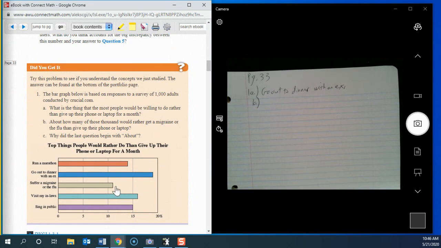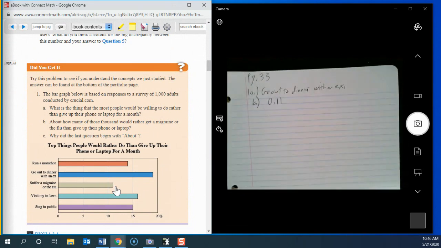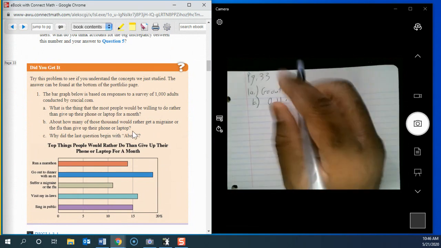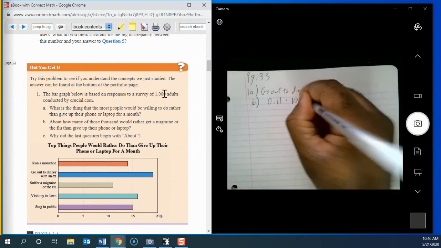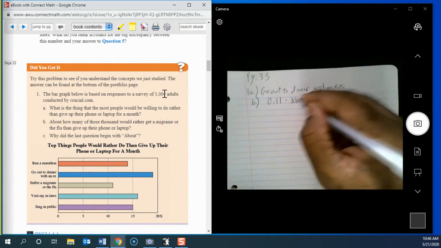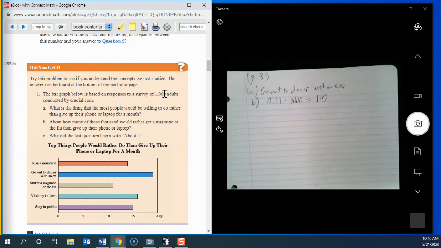So I would take 11 or 12%. So let's just do 11%, which is 0.11, because they asked us how many. They did not ask us what percent. So we would take 0.11 times the 1,000 adults, because that's what was surveyed. And 0.11 times 1,000 is actually 110.